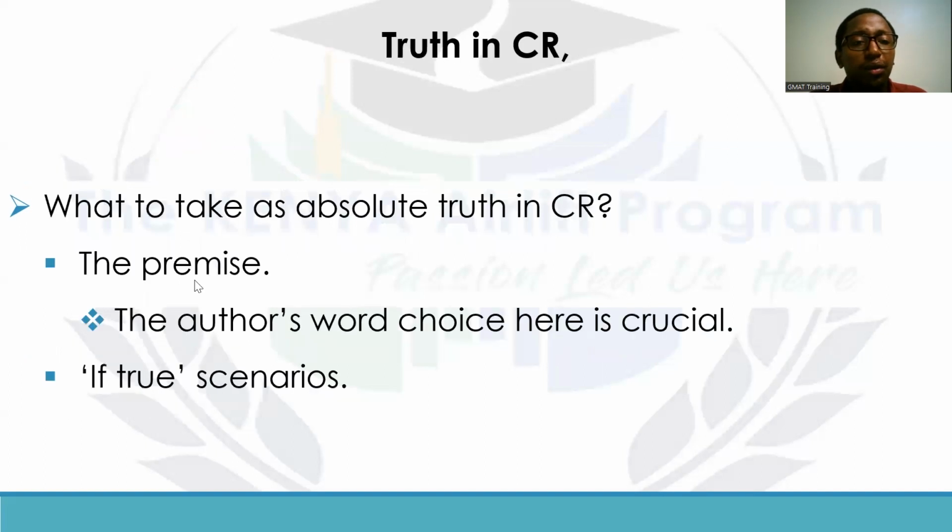So what should we take as absolute truth in critical reasoning? First of all, you take the premise as absolute truth. Note that here we are saying the premise and not the stimulus, because the stimulus includes the premise and the conclusion.